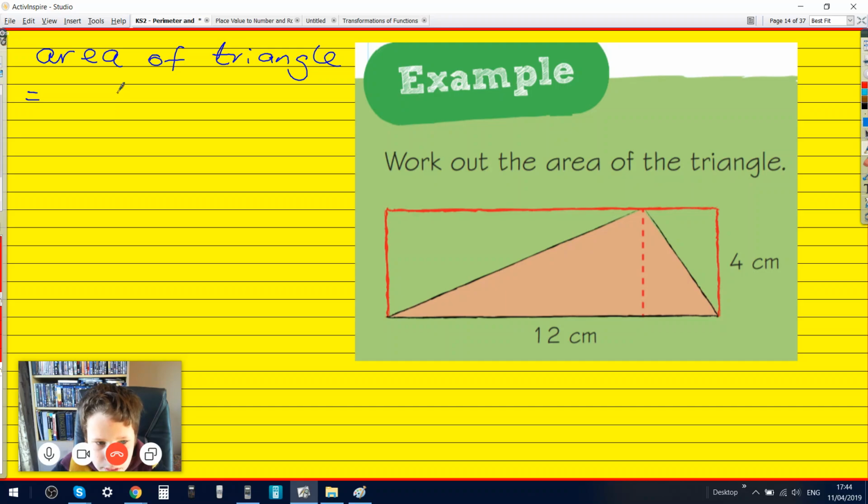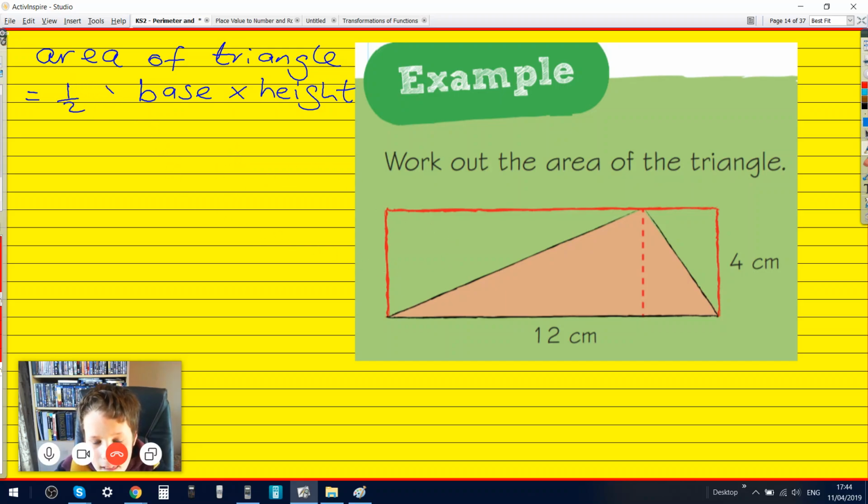What, in a right angle? So how much of the rectangle is taken up by the triangle? Well, I'm not sure. Well, it's a half. Oh, half.